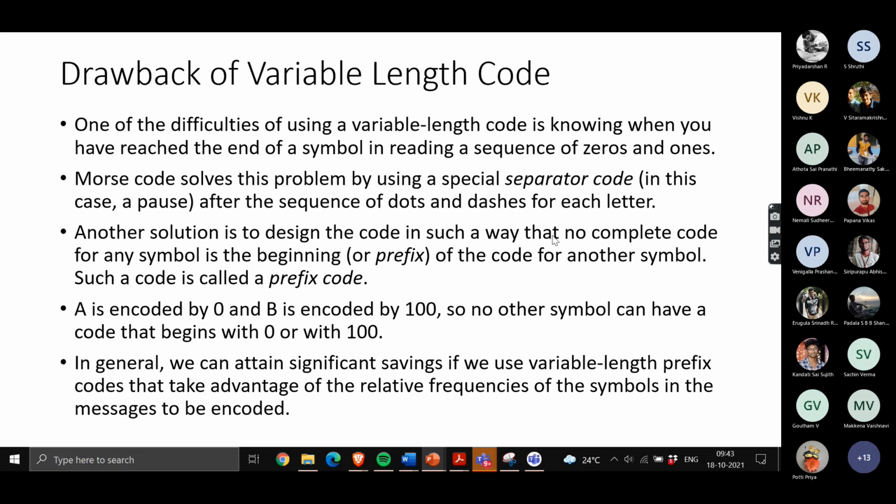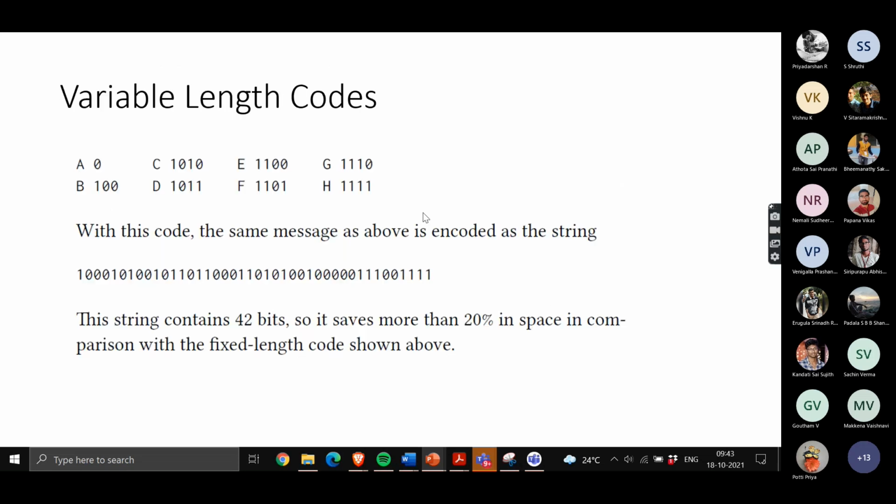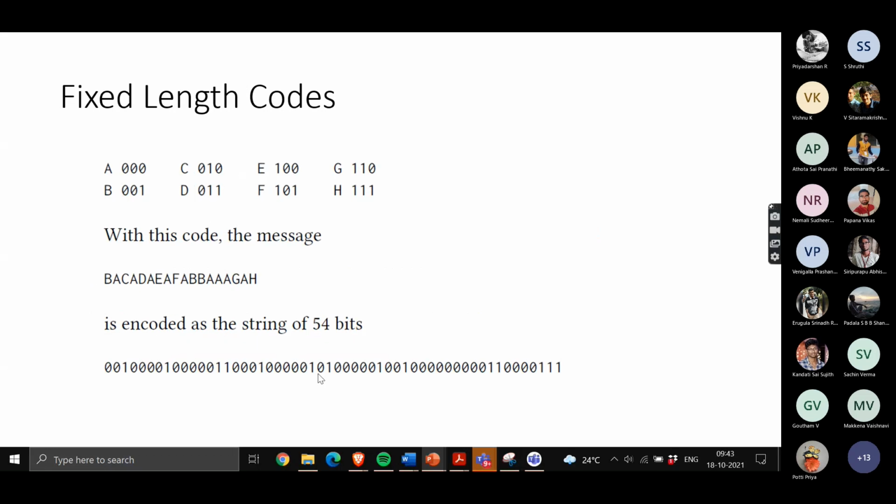Now here, when you are representing a sequence of bits, we want to know where the symbol ends. On the destination side, when they are decoding it, they have to know where the symbol ends. So the destination has to know the scheme, and how many digits each character is represented by.